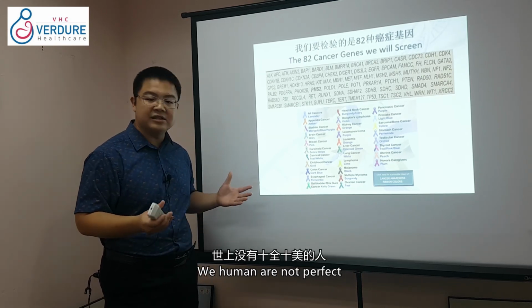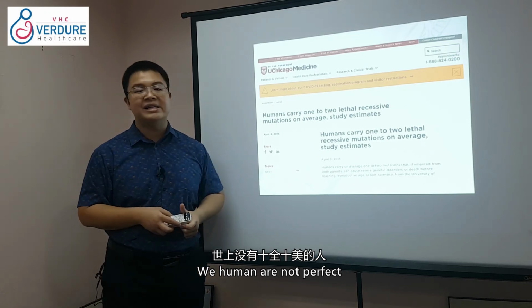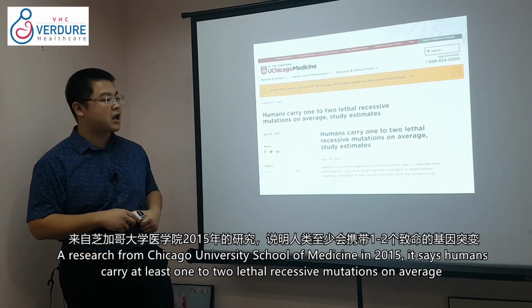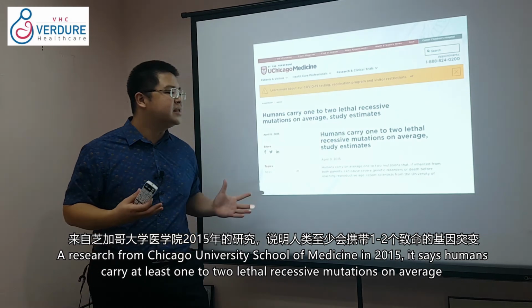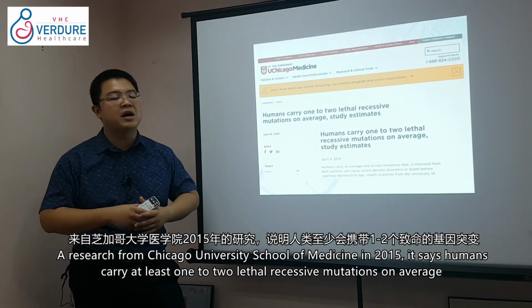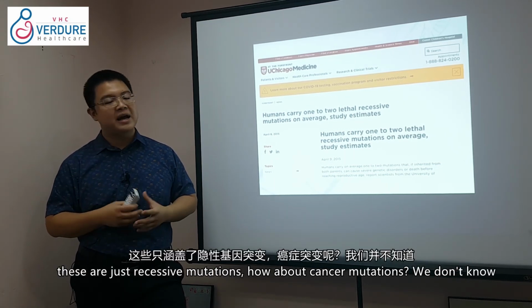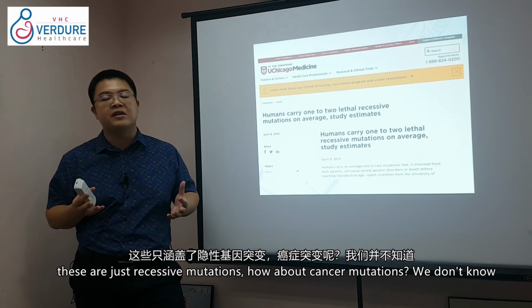Because we humans are not perfect, according to a study by the University of Chicago, humans carry at least 1 to 2 lethal recessive mutations on average. These are just recessive mutations. How about cancer mutations? We really don't know.